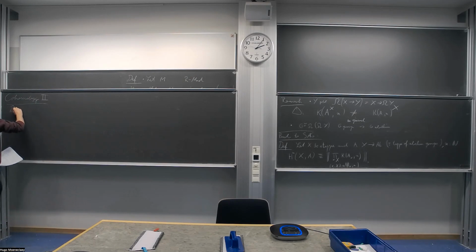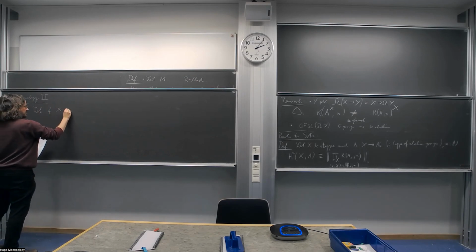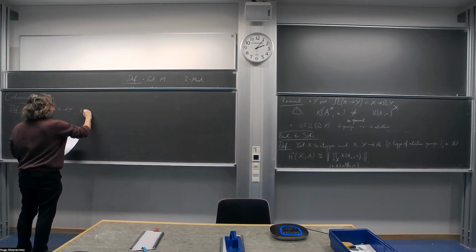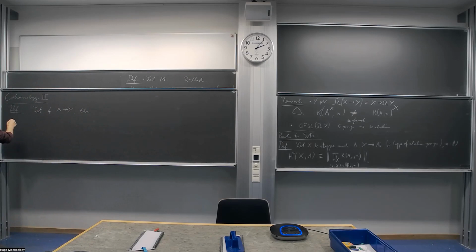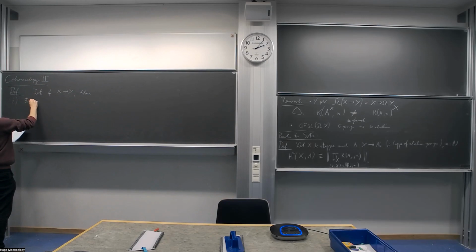So, definition: we have some general map between types, f from X to Y. One I kind of implicitly already defined by saying something is functorial for cohomology, but let's look at that more precisely.